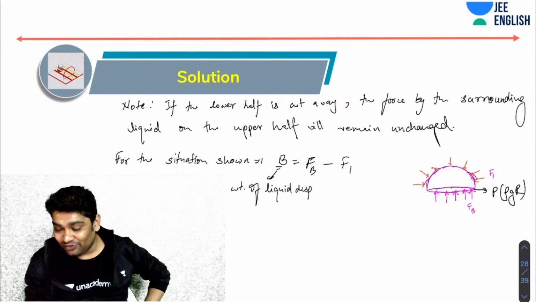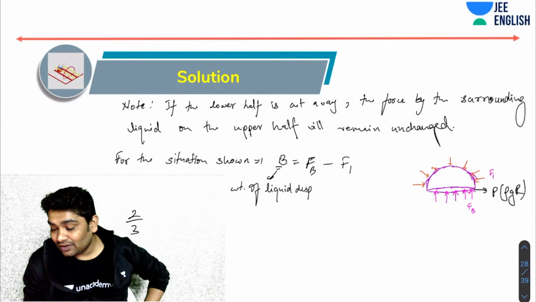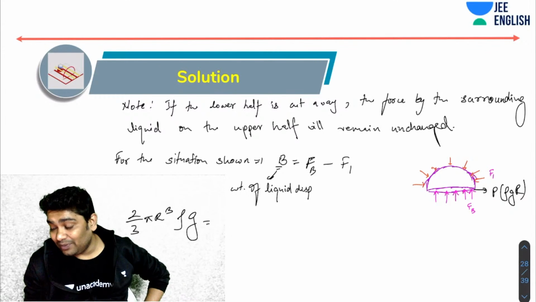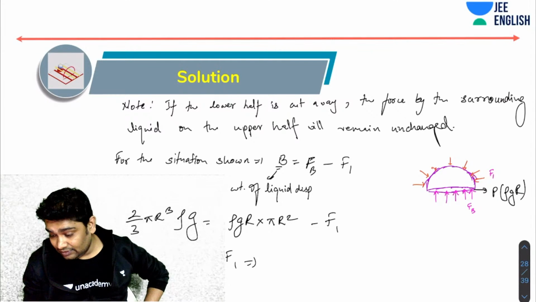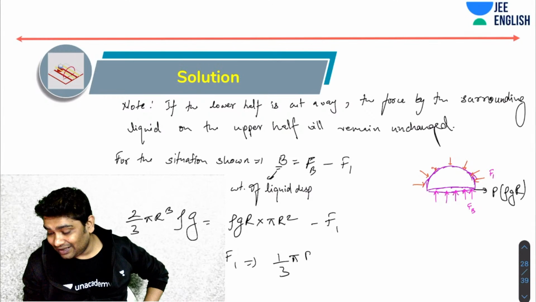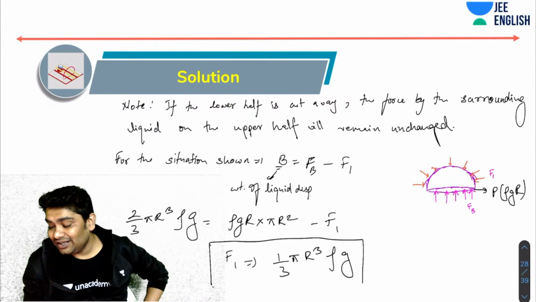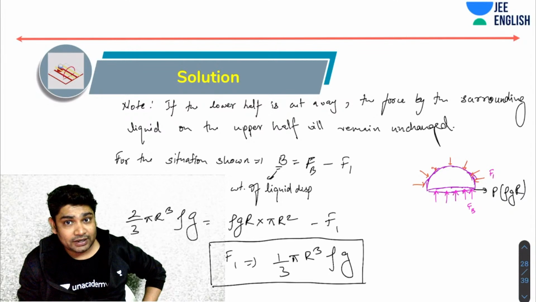So finally, what you will realize is that buoyant force, which is 2/3 pi r cubed rho g, would be equal to F on base, which would be rho g r into pi r squared, minus F. That will give your F1 as 1/3 pi r cubed rho g. Right? That is the force experienced by the upper hemisphere. Agreed? I hope there is no doubt.